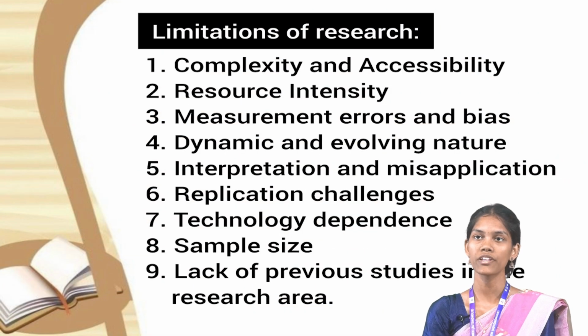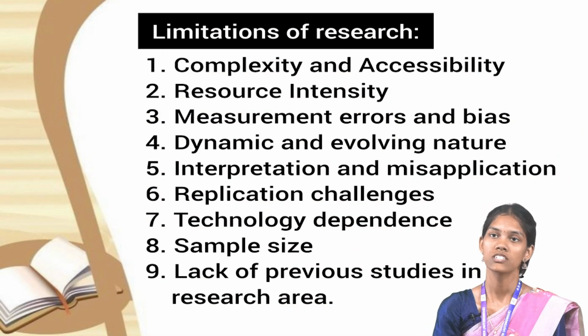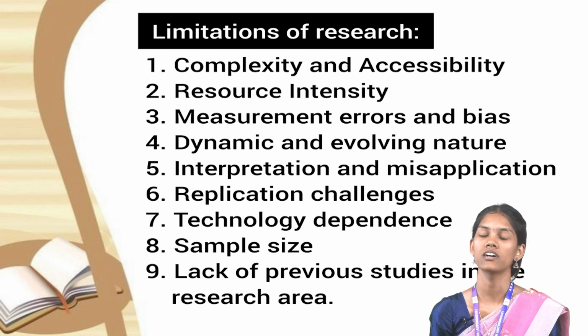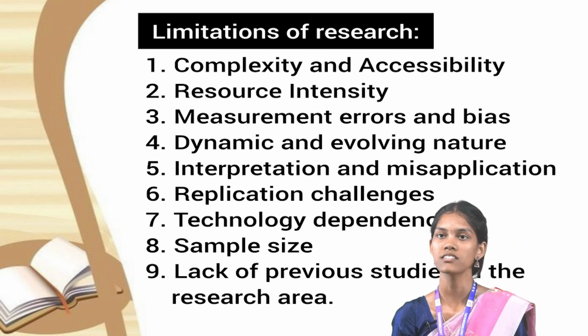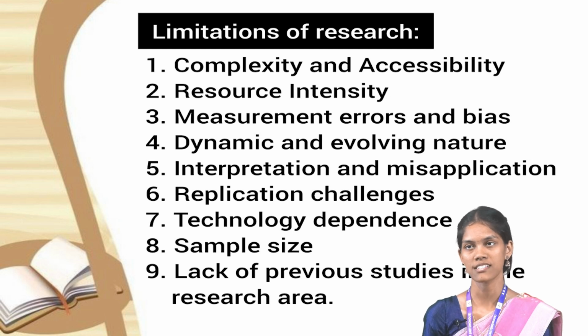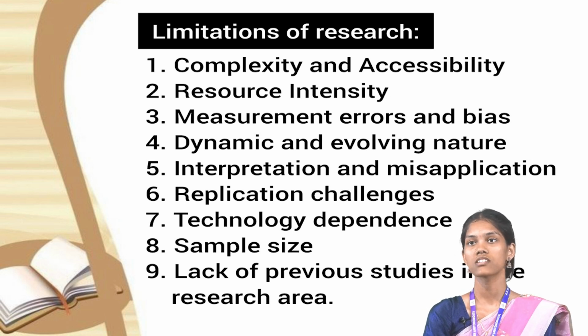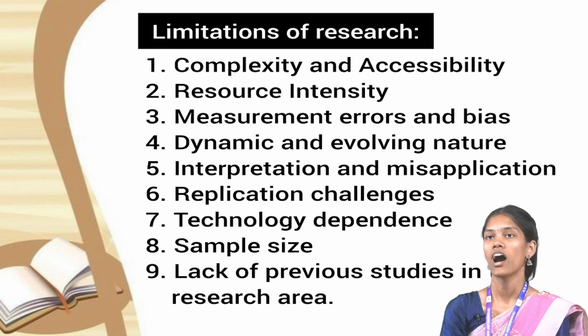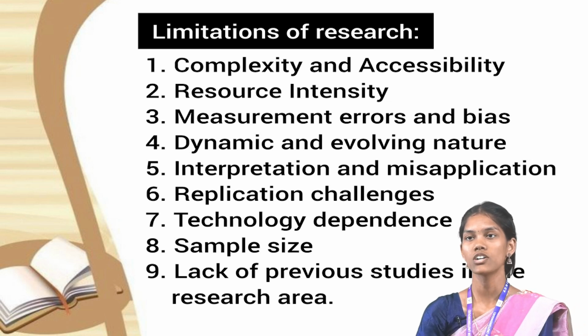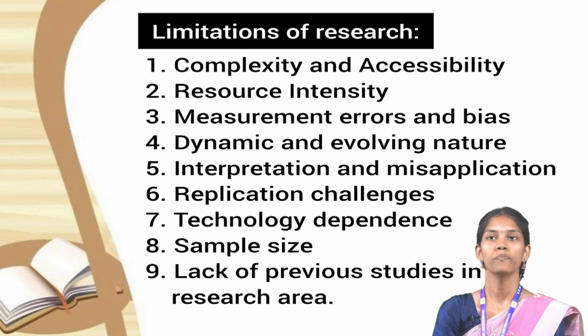Next one is limitations of research. So what are the disadvantages or limitations in research? In the sense, complexity and accessibility. Sometimes the research can be very complex in nature and also very difficult to access the data from the people.